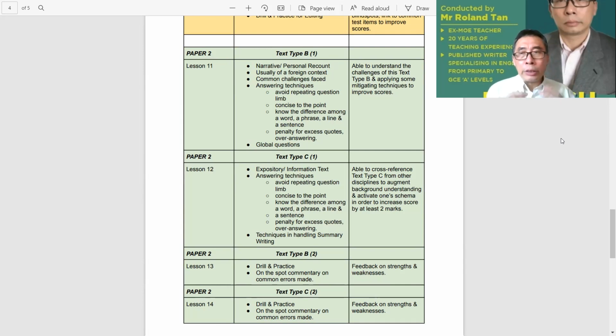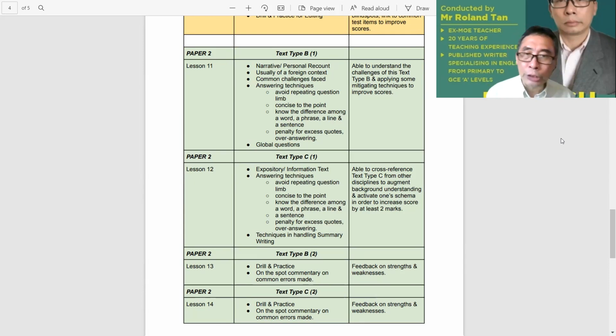Here's where I would identify the common challenges, and I'll help students to at least grapple with some of these challenges. The answering techniques are just as important.